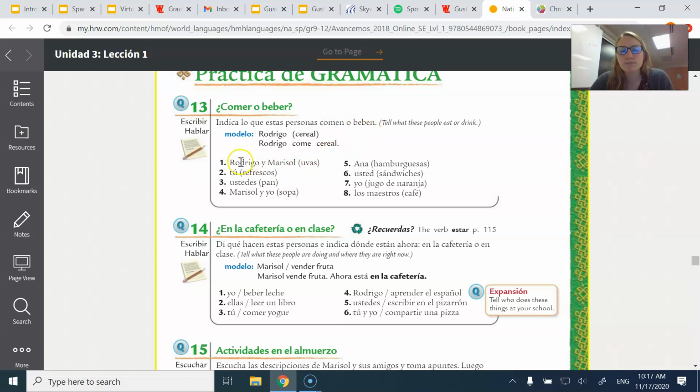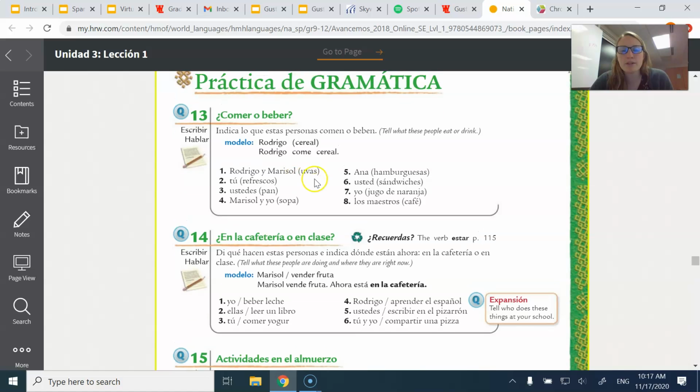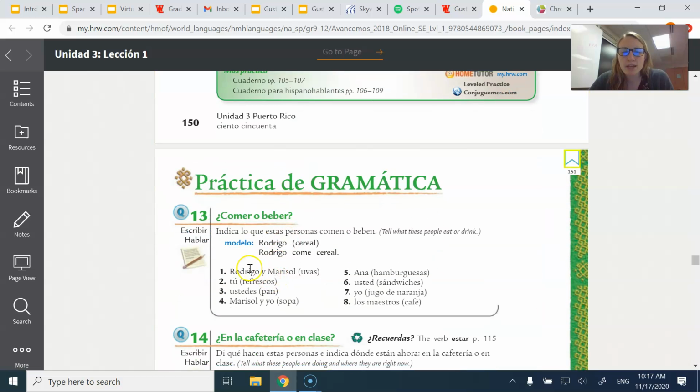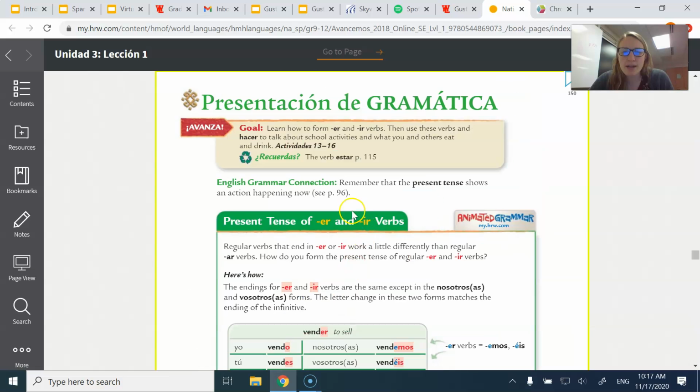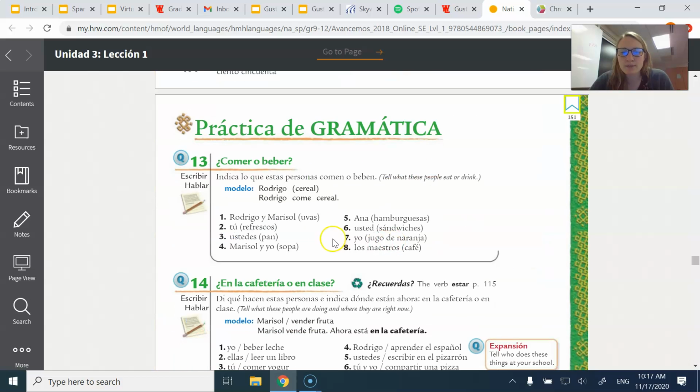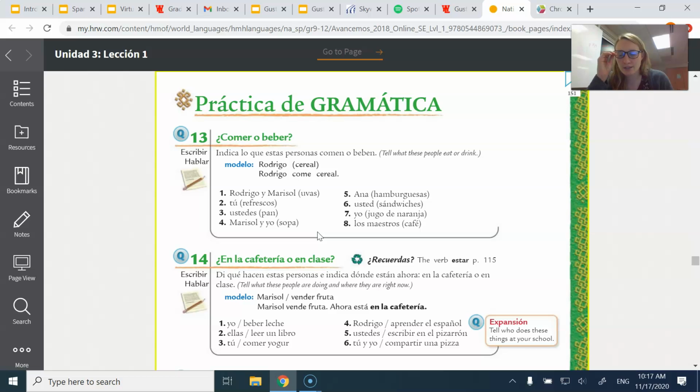So we'd say Rodrigo y Marisol, and it's an ER verb, both of them, right? Comer and beber. So we're talking about ellos, right? Because there's two. So ellos comen, right? C-O-M-E-N. Ellos comen uvas. So we're taking off the ER of comer and we're adding the EN.